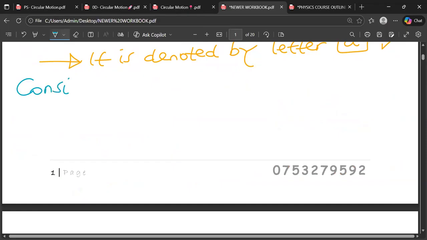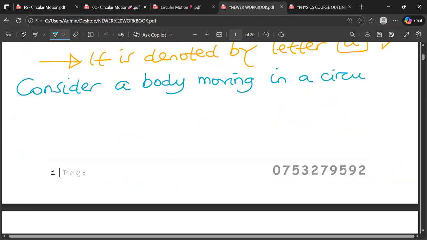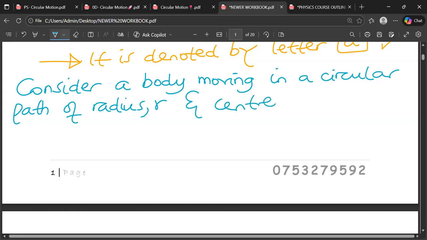So let's say that we consider a body moving in a circular path, of course, along the circumference of the circle, of radius, we always use small r, and of course center O. So that you're aware what O is and what r is.